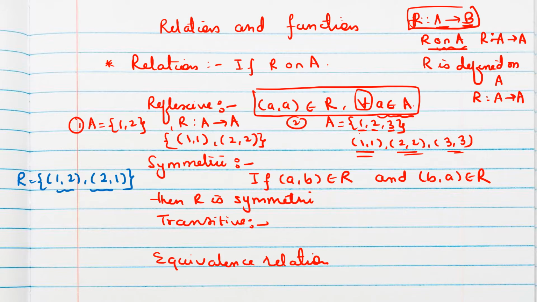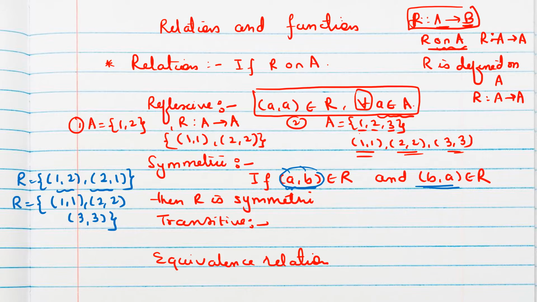Another example, I will consider (1, 1), (2, 2), (3, 3). In this relation, this type of element is not there, in which you will find two different numbers. So if such an element is missing, there is no question of checking for (b, a) type.